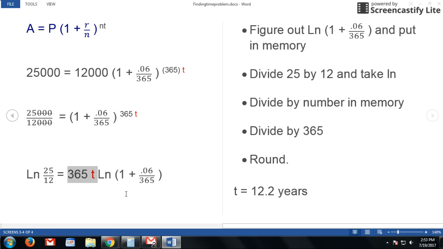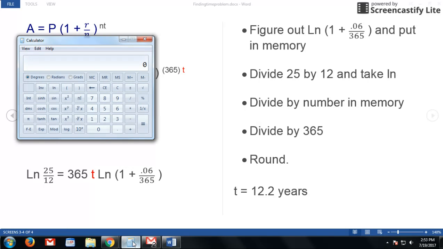Now, how I'll type this into my calculator. We first need to know what the stuff in the parentheses is going to be. So let's pull up our calculator and type in 0.06 divided by 365 and press equals. We did that first because order of operations says division comes before adding. Once we've done that dividing, let's add 1 and press equals.